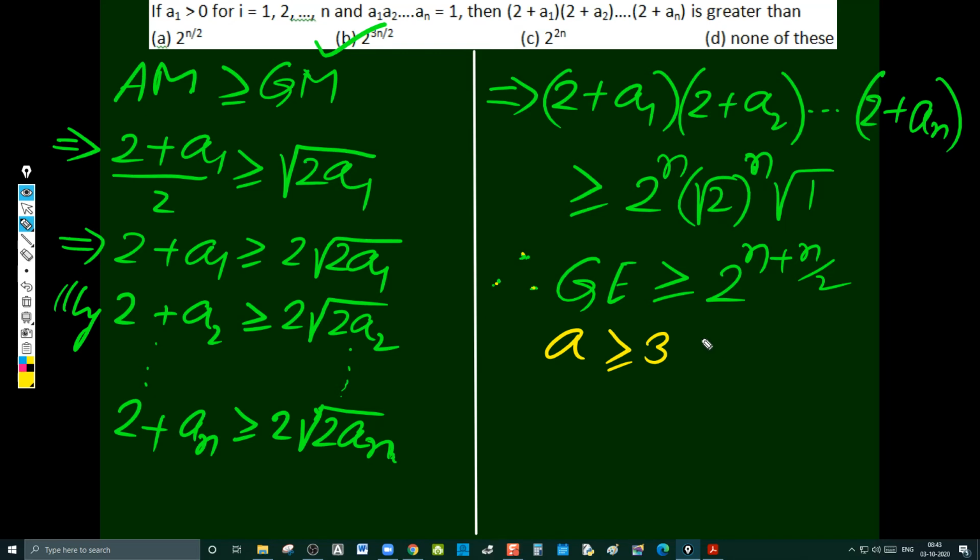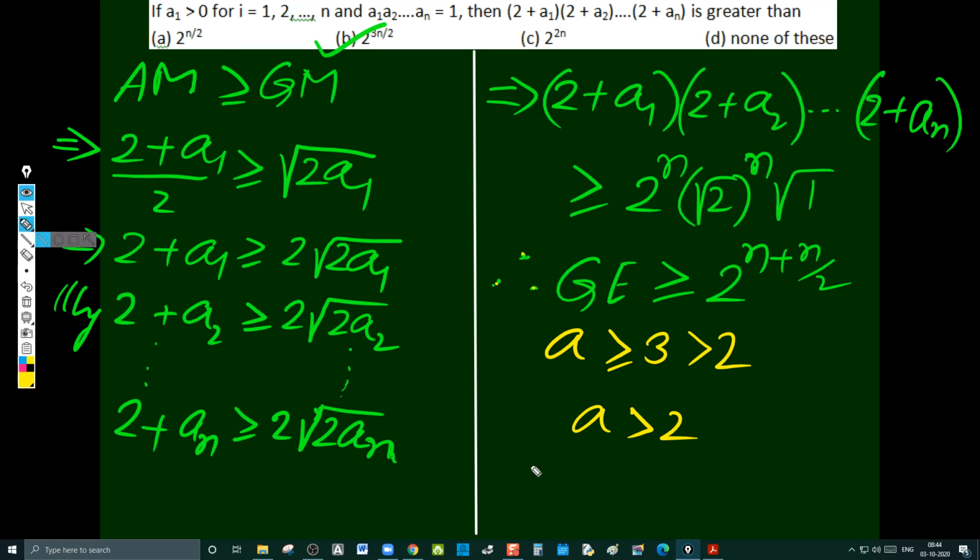Then obviously 3 is greater than 2. Do you accept that A is greater than 2 or not? Yes. Obviously, Sir, A also is an option. So you have to check the other options also like that. So let us check B is the correct answer. You have to check the remaining options also.